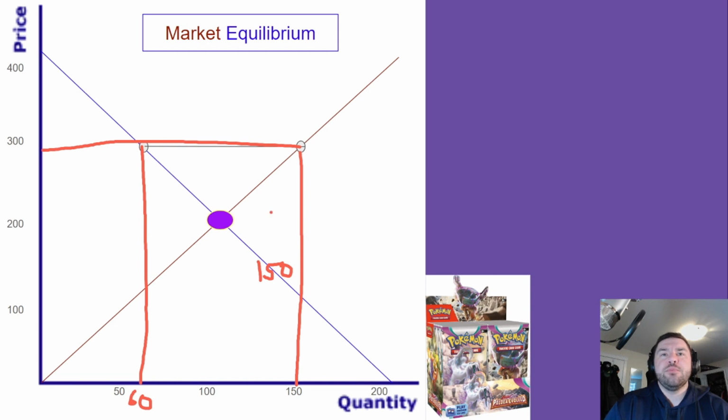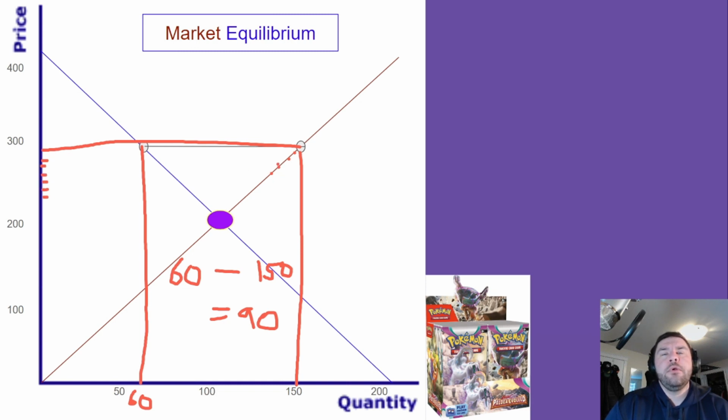We have 150 supplied to the market, minus, we're going to work backwards here, the 60 that were purchased by the people that valued them at $300. What does that equal? 90. So there are 90 boxes being supplied that there are no buyers for. So the seller, supplier side, is going to have to start ratcheting down prices to capture these people.